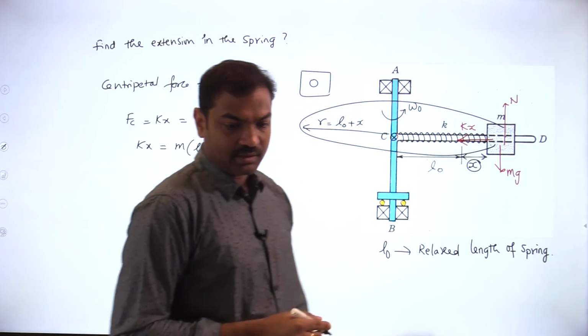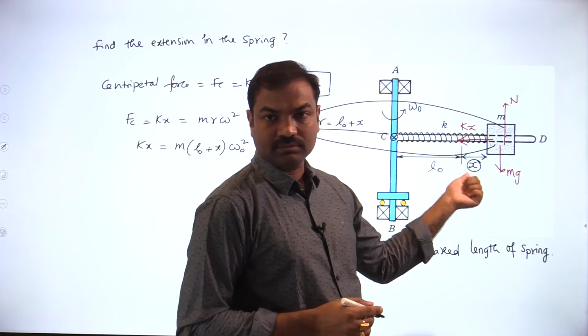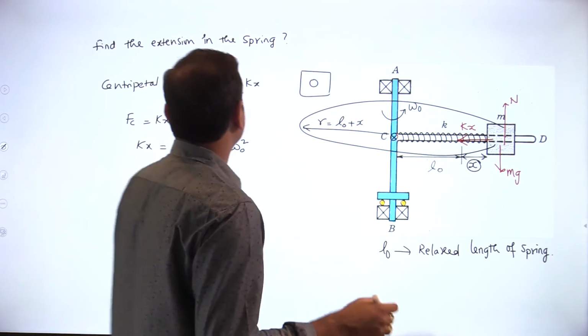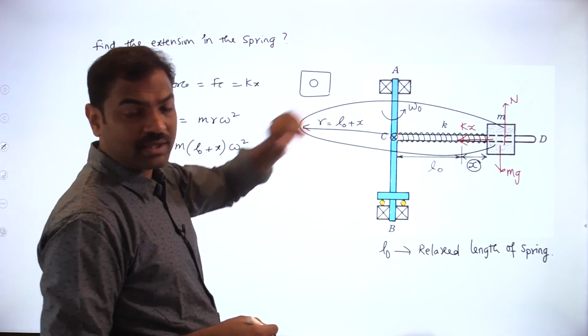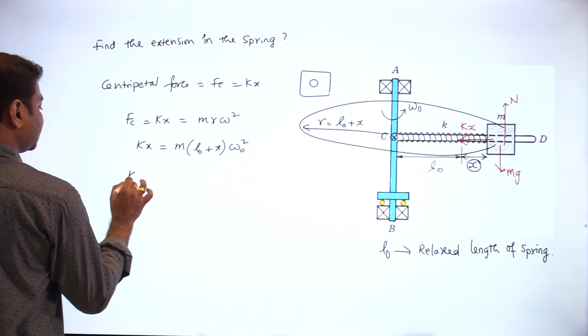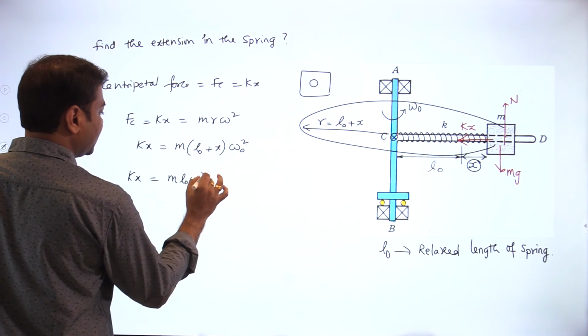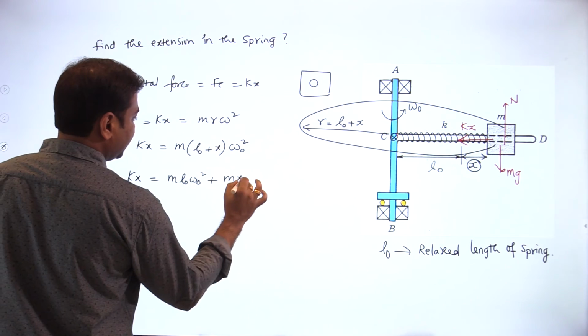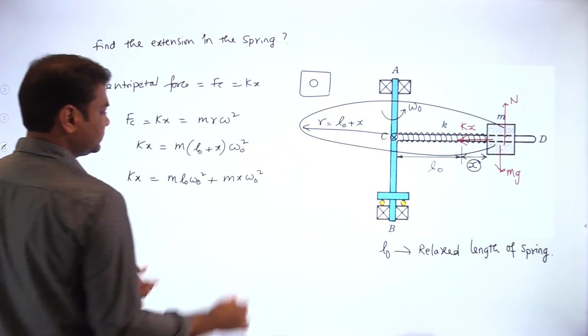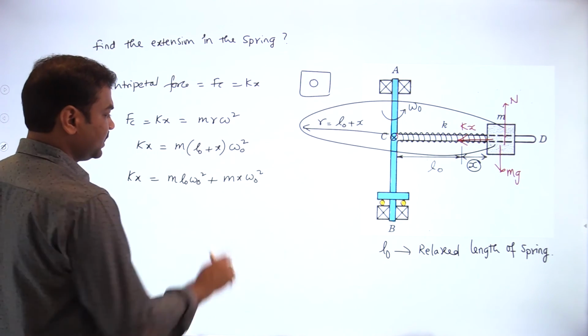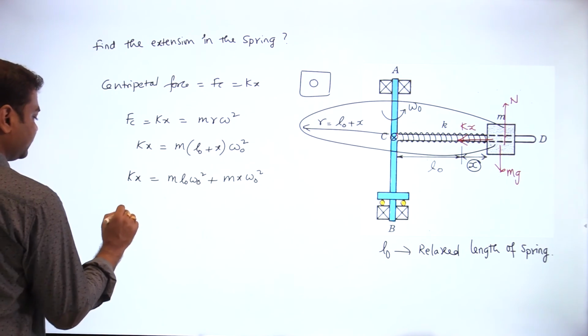But what do we need to find out? We need to find out the x value, the extension in the spring when it is going in a circular path. So this is Kx, and this is m L naught omega naught square plus m x omega naught square. I just separated the terms because the x value is required. Take it on this side.